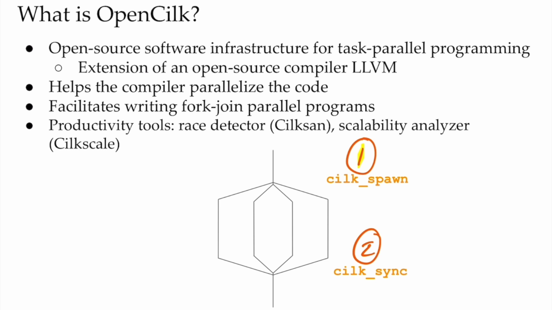Kind of hard to say, but what we have here is just a sequentially running program. cilk_spawn is launched, these processes fork off and do their own computations, and then we wait for them all to finish at cilk_sync, and then the program returns. Very simple, very similar to OpenMP. In addition, it has productivity tools such as a race condition detector and a scalability analyzer.